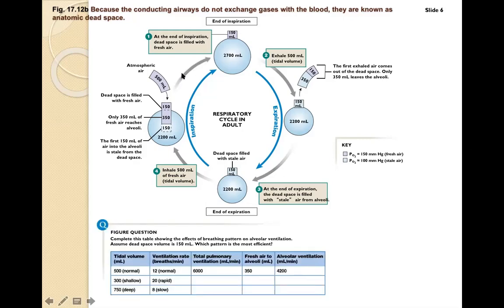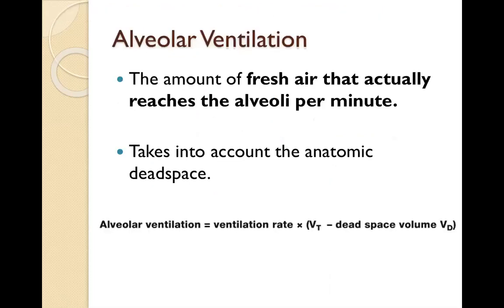And so we have a way of determining what is the actual amount of fresh air that reaches the alveoli. And I'm going to show you here, and then we're going to do a couple calculations, and then we'll be done. So the alveolar ventilation is the amount of fresh air that actually reaches the alveoli.